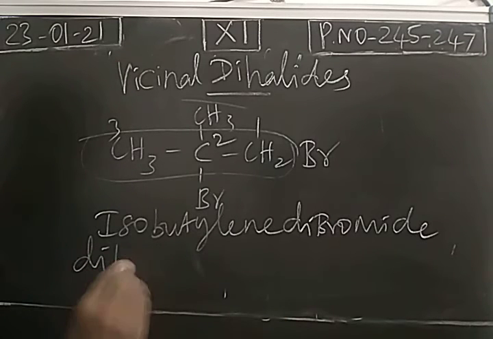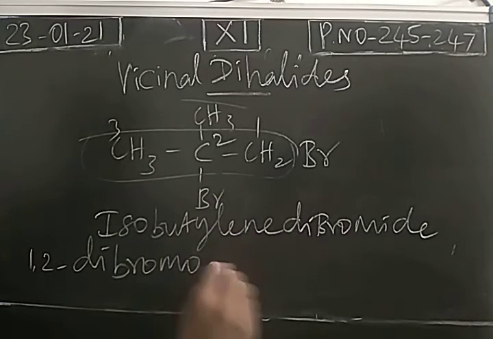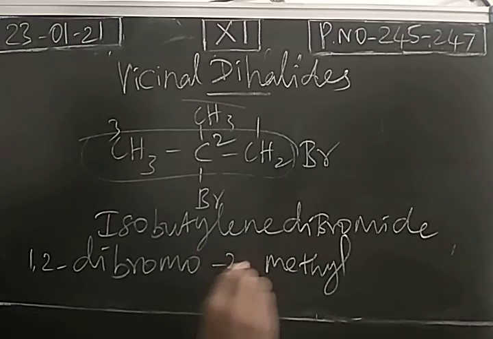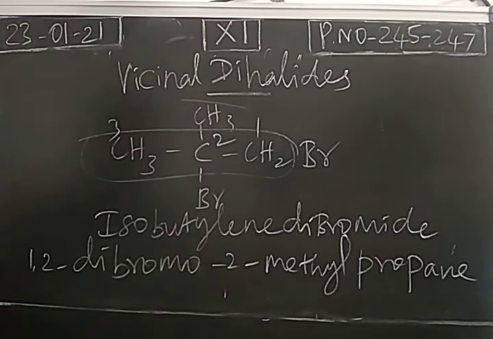So dibromo, two bromine atoms present. What is the position? 1 and 2. So 1,2-dibromo. And the methyl group is attached to the second carbon, so 2-methyl. In the longest chain we have only 3 carbon atoms, so this is propane. So 1,2-dibromo-2-methylpropane is an example of vicinal dihalide. Its common name is isobutylene bromide or isobutylene dibromide.